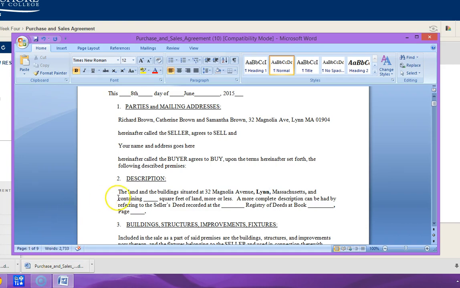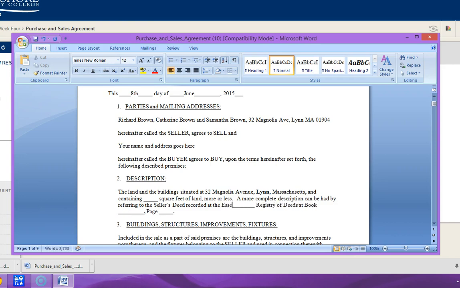And to find the square footage of your lot, the easiest thing to do is to go to the assessor's records and pull up the assessor's card for the property that you're interested in, and that'll give you the square footage on the lot. If you look at the very first tutorial, on how to do the title search, that will give you a better explanation as to how you get into that assessor's records so that you can pull up that information. So I'm going to leave it blank.